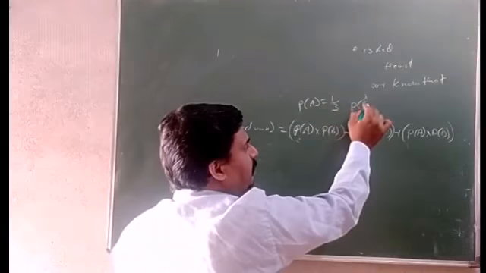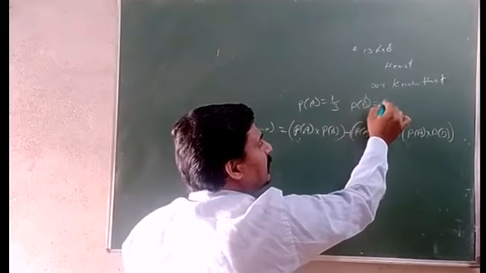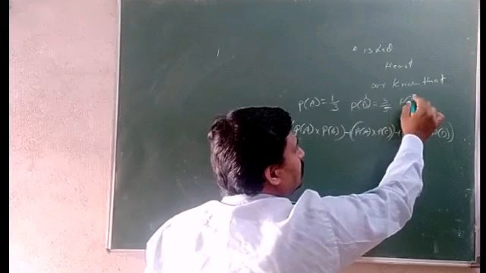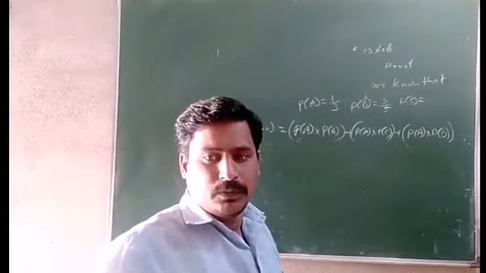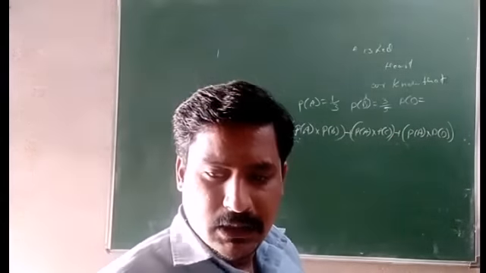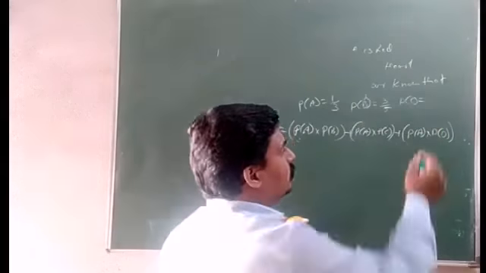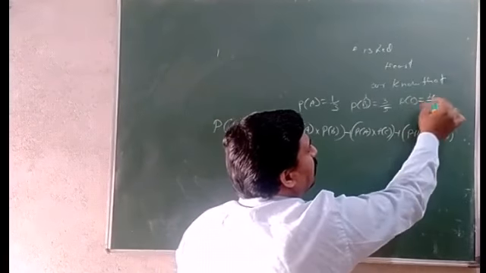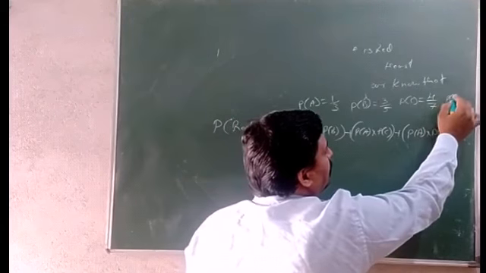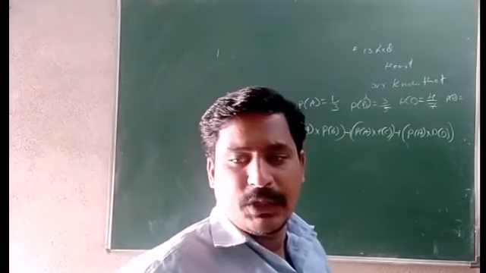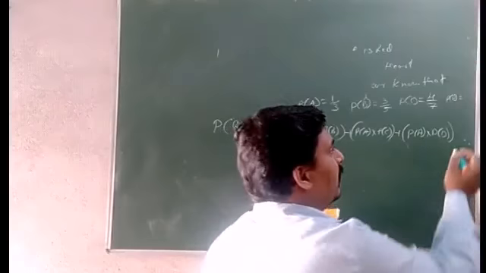P of B is equal to 3 by 5. P of C is equal to, how many are there in that? 4 red and 3 green. So 4 divided by 7, and P of D is equal to 2 red and 2 green, that is 2 by 4.